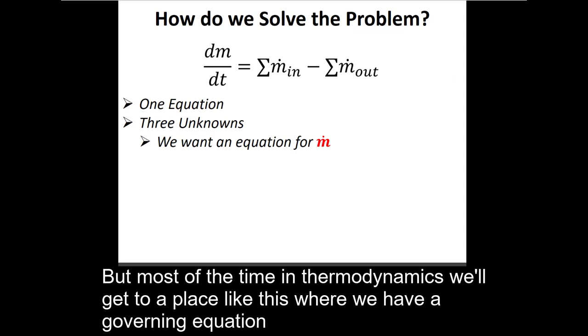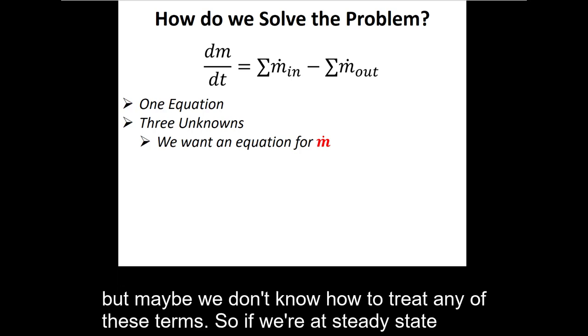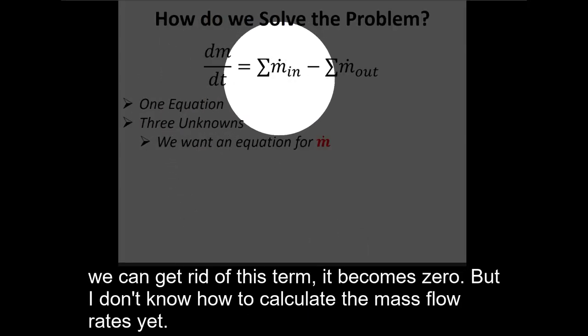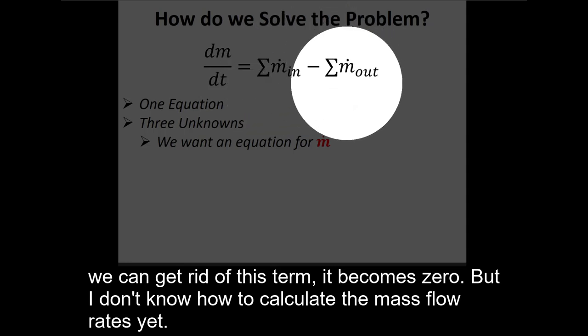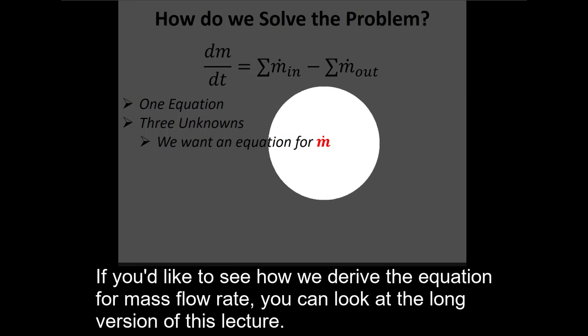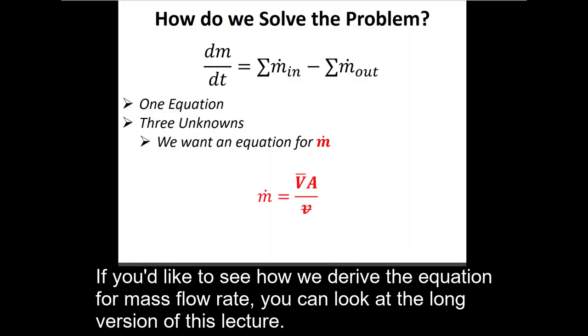But most of the time in thermodynamics, we'll get to a place like this where we have a governing equation, but maybe we don't know how to treat any of these terms. So if we're at steady state, we can get rid of this term, it becomes 0, but I don't know how to calculate the mass flow rates yet. If you'd like to see how we derive the equation for mass flow rate, you can look at the long version of this lecture.